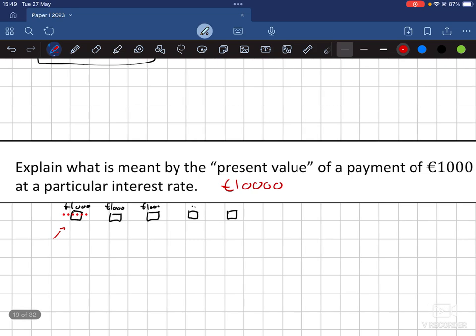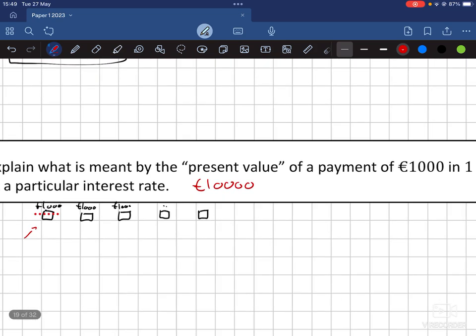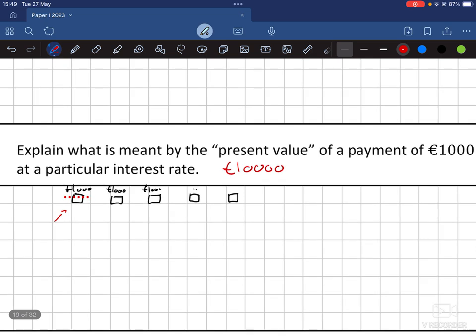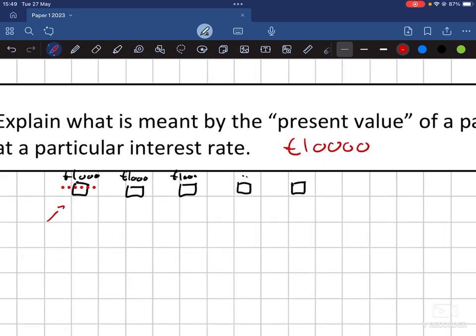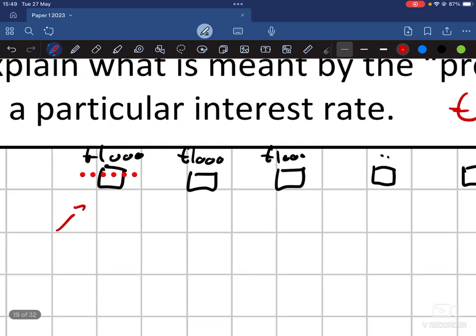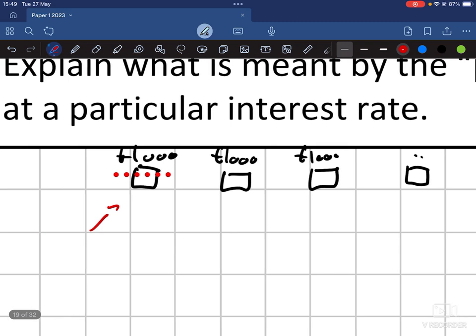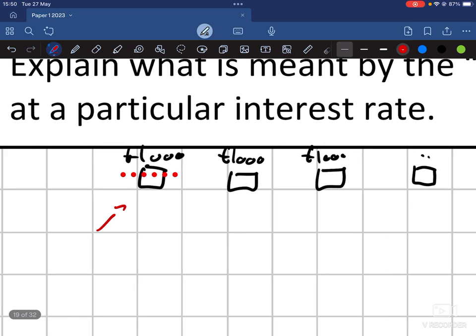Let's use this money and just get rid of the loan. You actually don't have to pay back the €1,000. You're going to pay less, because basically the money, with interest or whatever, will go up to 1,000 after a year. So at the moment it's not worth 1,000 because of inflation and stuff, but when it comes to a year it will be 1,000.